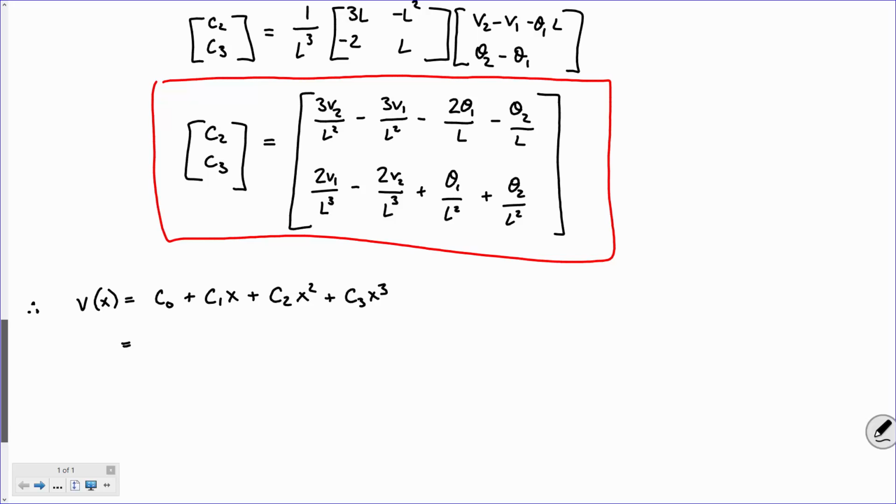That was V1 plus theta 1 times x plus 3v2 over L squared. See where I'm going with this? Yeah, there is no theta 2 there. Or 2 times the theta 2.